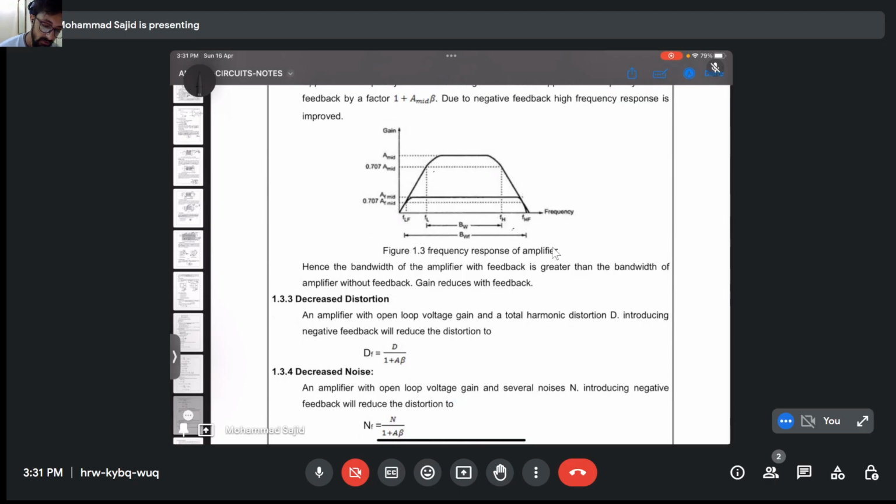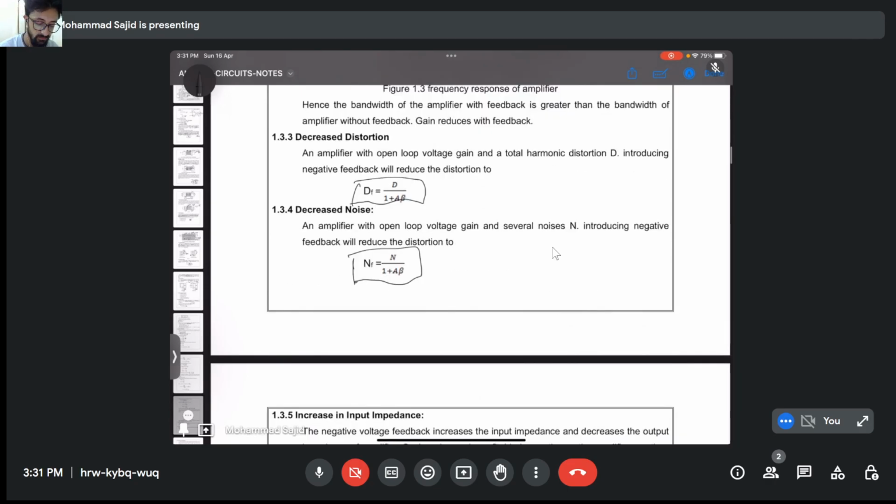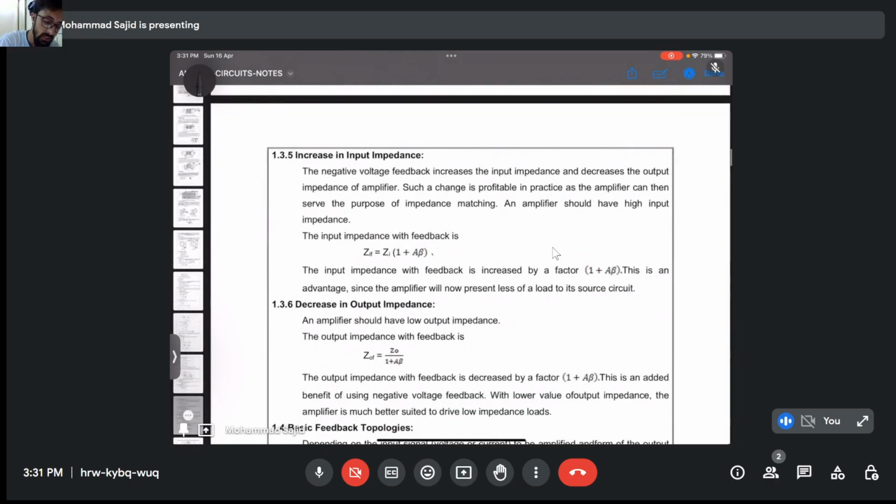So your gain reduces, FH has gone up, FL has gone low, so your bandwidth increases. Distortion is again decreased by 1 plus AB. Noise is decreased by 1 plus AB. About the input impedance and output impedance, we will derive these in the numericals.